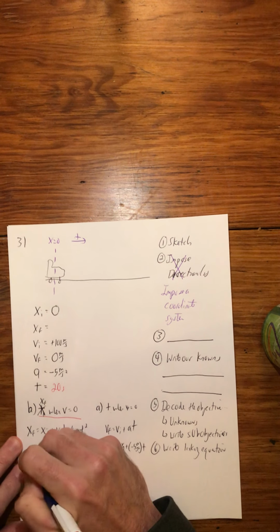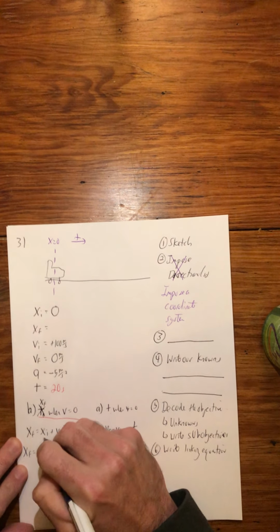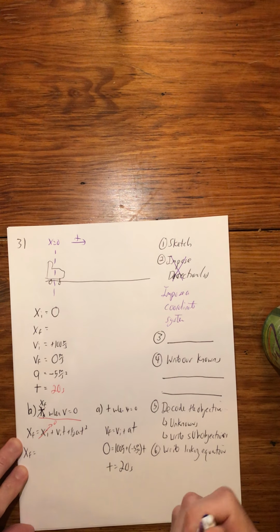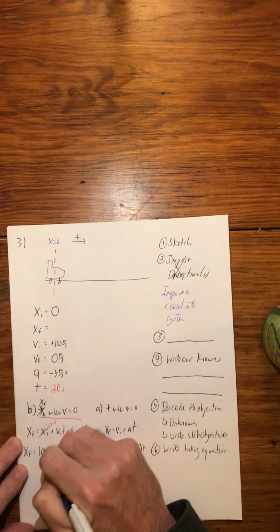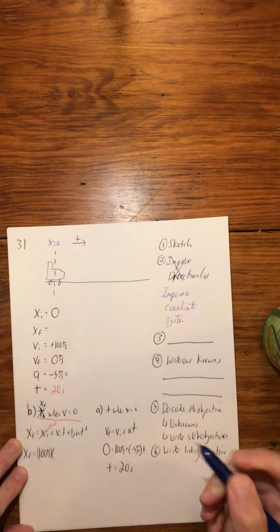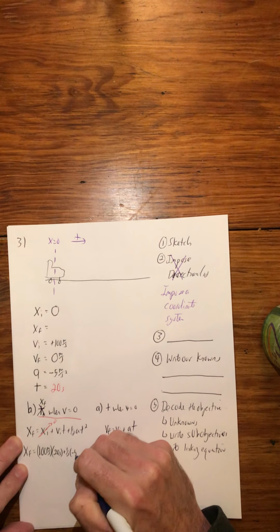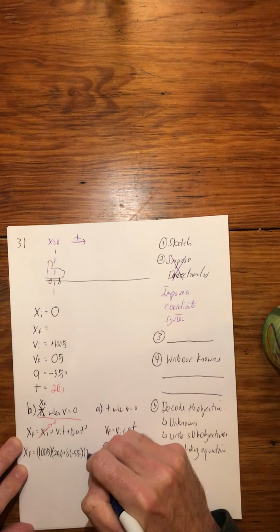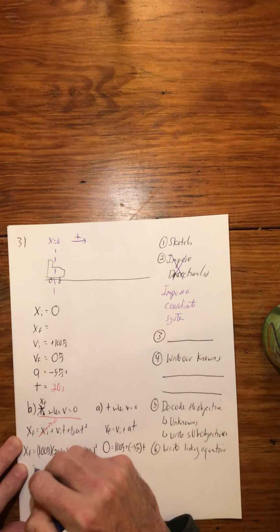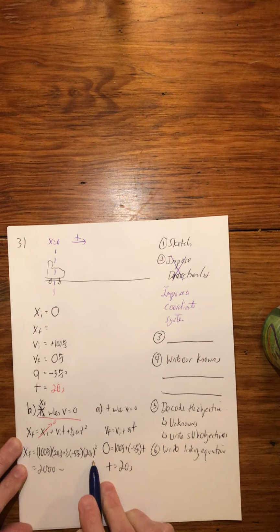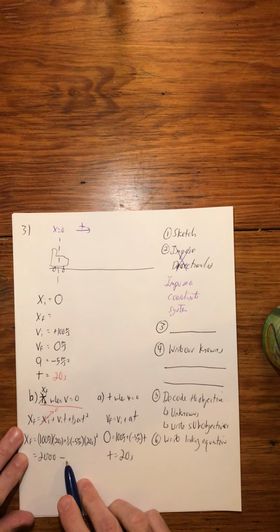So x final equals x initial. That term goes to 0. And here's what we're going to do. We're going to zero out the term. And there we go. Now I've got 100 meters per second times 20 seconds plus 1/2 times negative 5 meters per second squared times 20 seconds squared. So that's 2,000 minus, notice units on the first plug-in, I dropped them here.